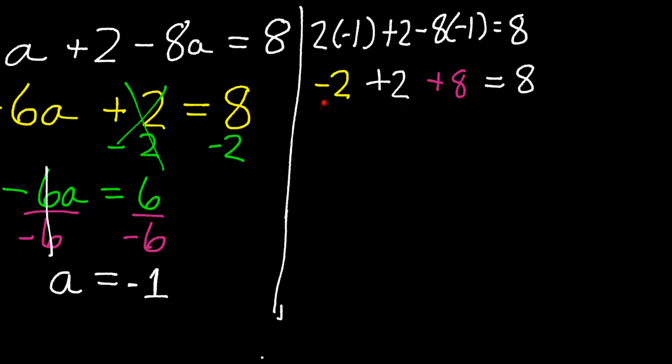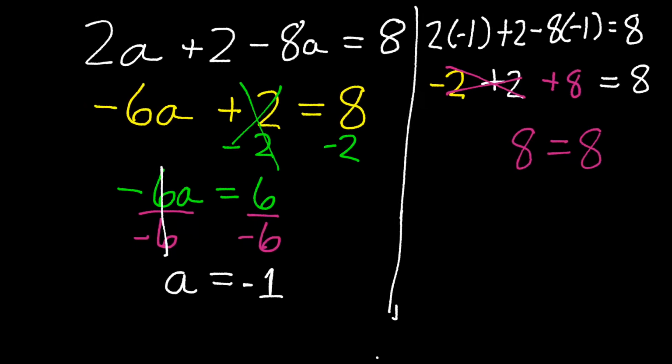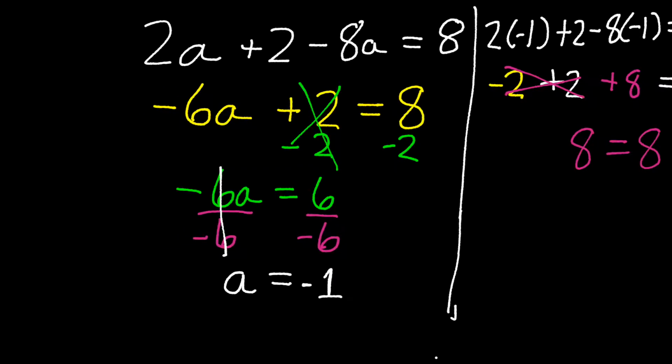Now, just like before, if I have a negative 2 plus a positive 2, those terms are going to cancel out. Those are just going to become 0. And I'm left with 8 equaling 8, which is what I wanted. So, our solution of a equaling negative 1 must have been correct.